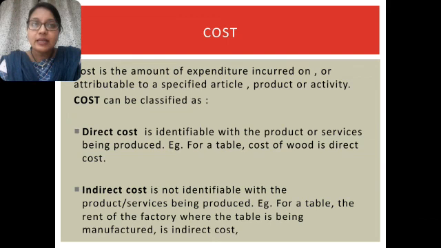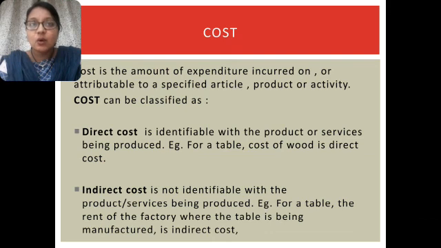Direct cost is identifiable with the product or services being produced. For example, if you are producing a table, whatever is the raw material or the direct expense related to that, for example, whatever wood you use in manufacturing that particular table, will be known as direct cost.